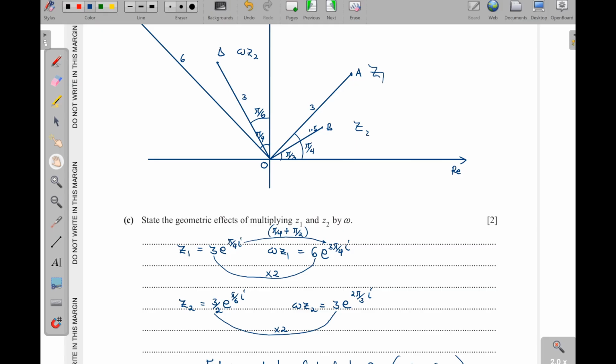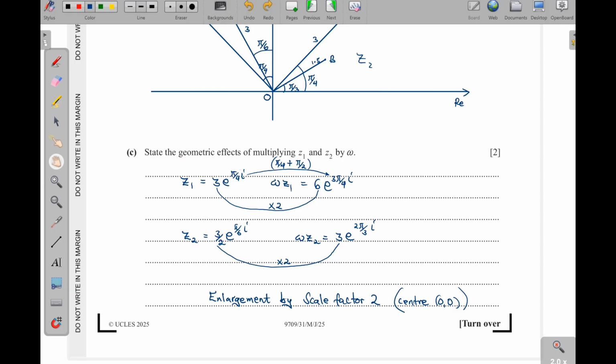But where are we going? Don't you see that it is an anti-clockwise movement? Then how about this other one here? Let's also check it out. From 30 to 120. It has to be the same movement because it is describing both z1 and z2 multiplied by omega. Even this one is going to be pi over 6, then plus the 90. 30 degrees plus 90 degrees, you get the 120.